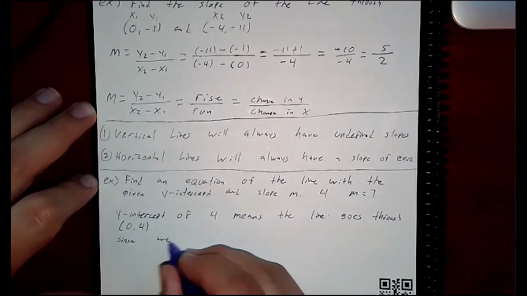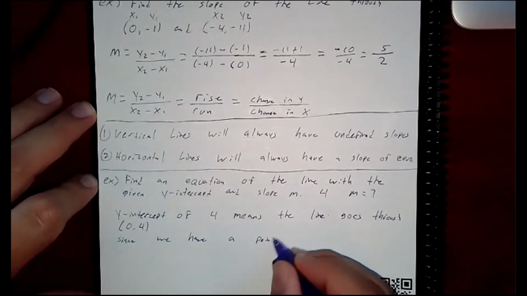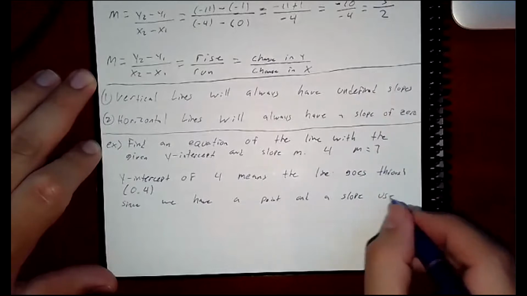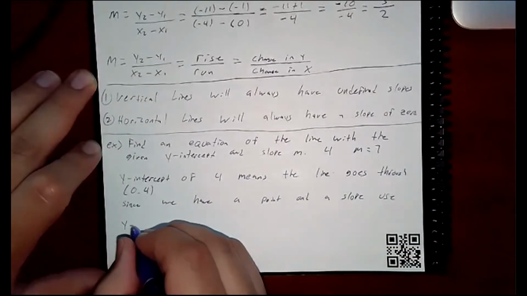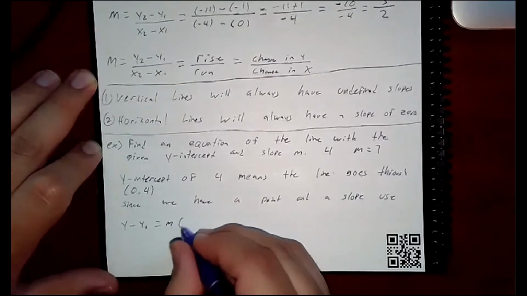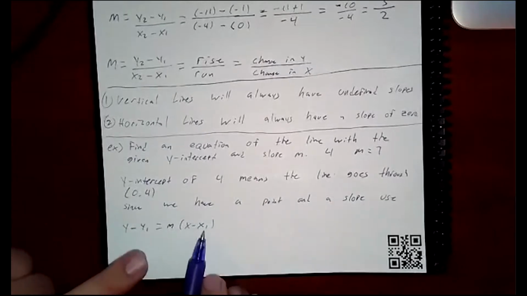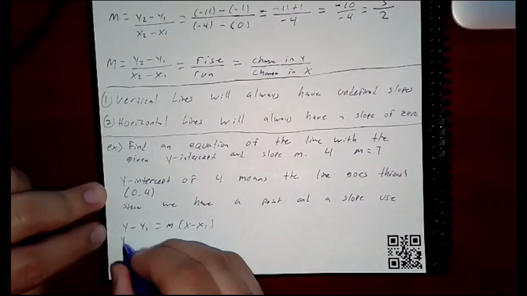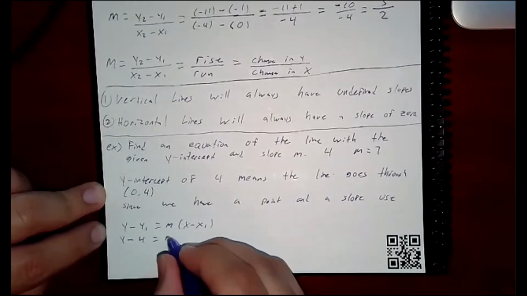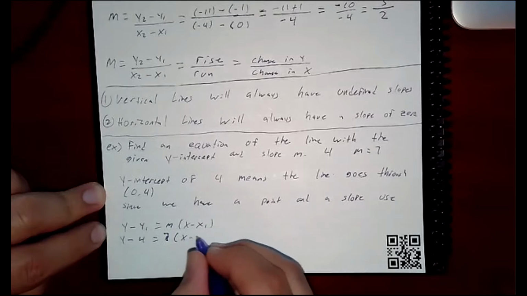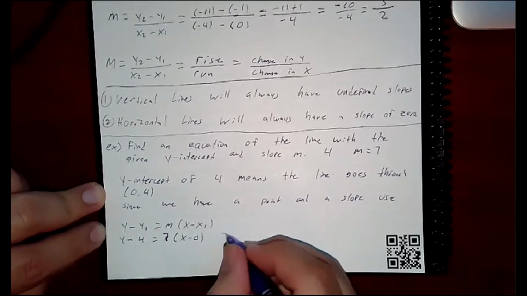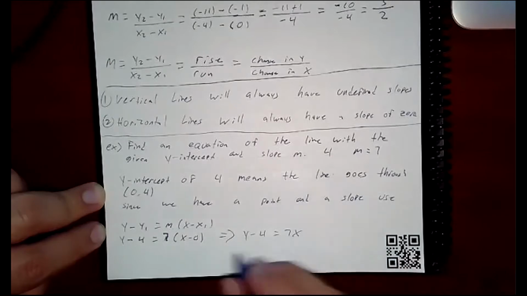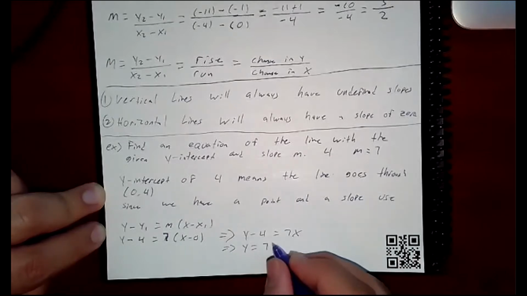So since we have the slope 7, and x1, y1 is (0, 4), that would give us y minus 4 equal to 7 times x minus 0. So that gives y equal to 7x plus 4.